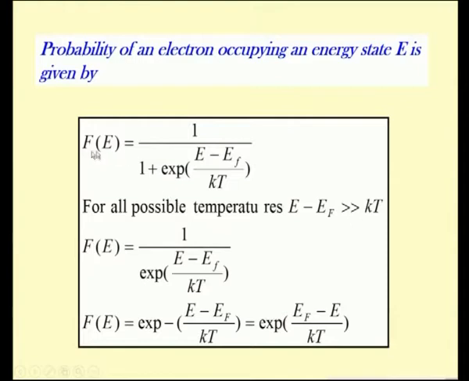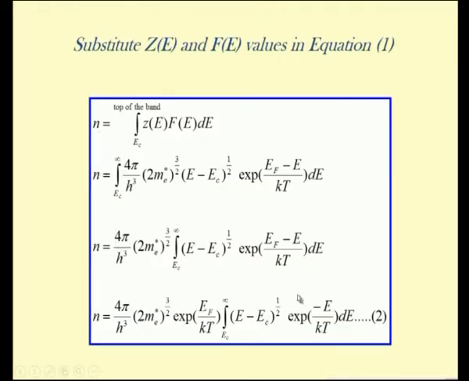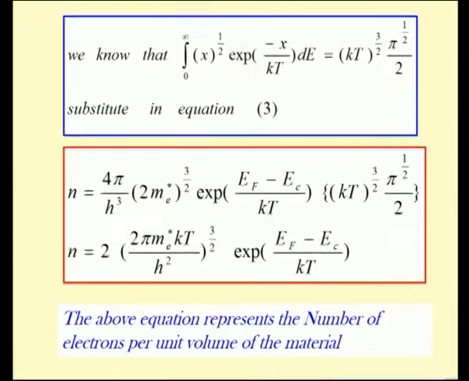And if you use this along with the probability for the electron to occupy a given energy E, then we get the electron concentration calculation going somewhat like this, and finally we have this expression for electron concentration, where E f is the Fermi energy and E c is the bottom of the conduction band, and so it is the difference between the two energies coming into this expression apart from a constant factor here.